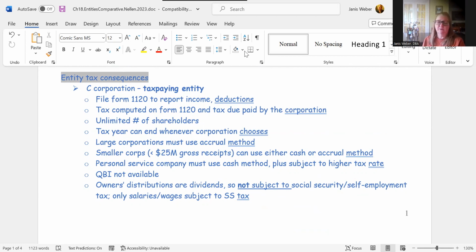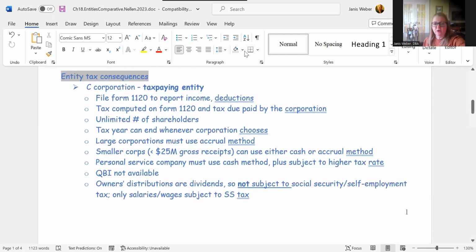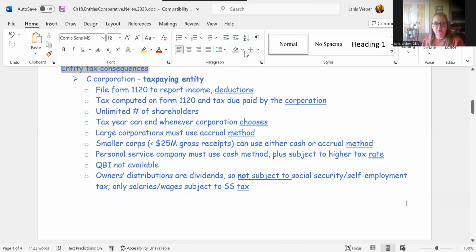And the tax year can be whenever the corporation chooses to put it. They don't have to agree with the tax year of the investors or anything like that. They can decide what month they want it to end in. And the other thing, large corporations can use the cash method if they like. No, sorry. I'll get it right in a minute.